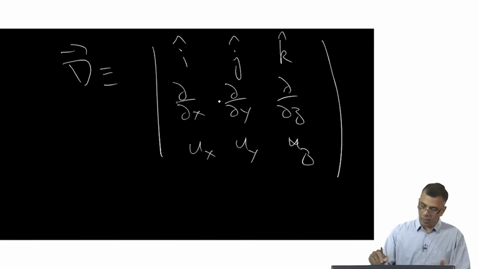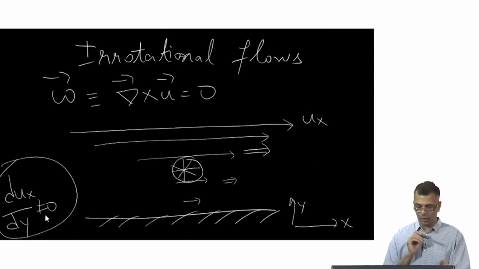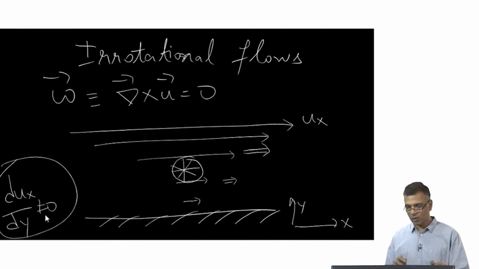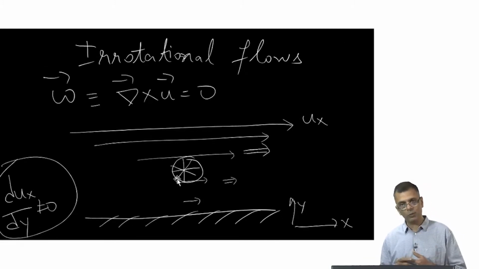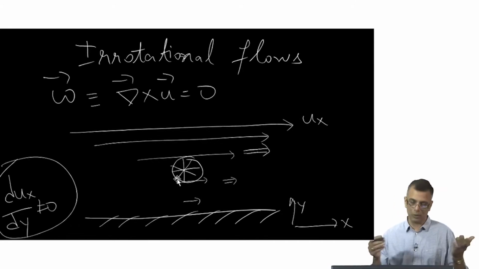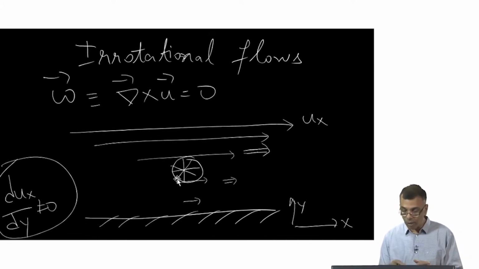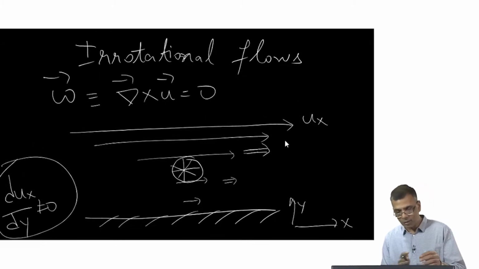Only when you have these cross terms, d over dx of uy or d over dy of ux, and they are non-zero, do you have a curl that's non-zero. If that is not so, then the flow is irrotational and this paddle wheel will not rotate. And what is the situation where the paddle wheel will not rotate? It's one where the flow is irrotational, or there is really no gradient, no sticking between the layers, and the flow is effectively inviscid.